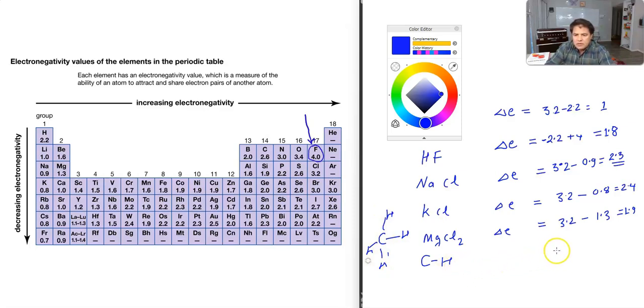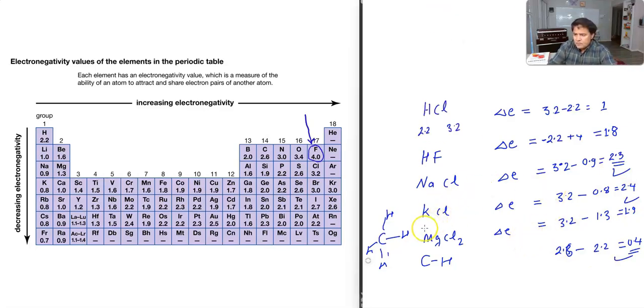Carbon is 2.6 minus hydrogen 2.2, which is 0.4. Some have 0.4, some have 2.3, some have 2.4. So the electronegativity difference can be any value, greater than 0 and less than 2.5, like that.